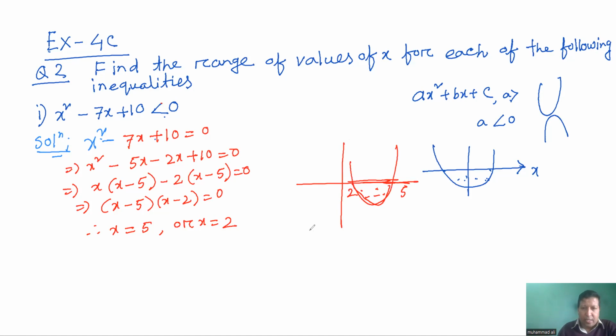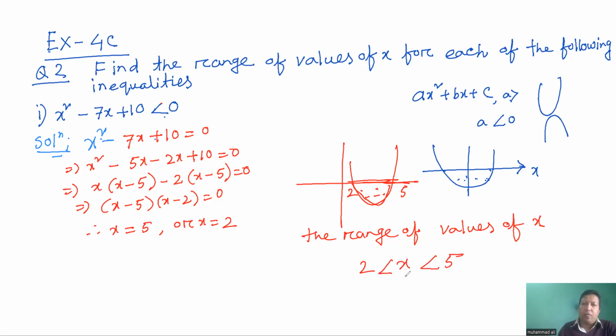So we say the range of values of x is greater than 2 and less than 5. Check: from x equals 2 to 5, within this value, the curve is below the x-axis, that means less than 0. Okay, I think everybody understands this part.